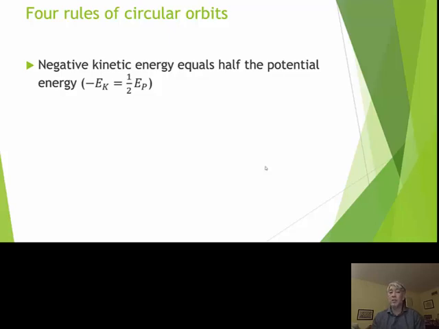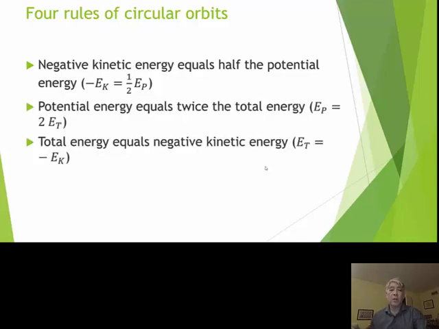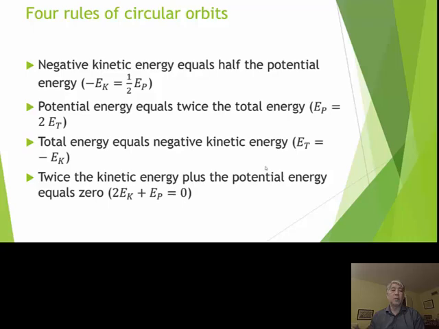Remember, kinetic energy is positive and potential energy is negative, so I need the minus sign. During a circular orbit, your 1/2 mv squared is basically going to equal 1/2 GMm over r. The other 3 forms here are simply substitutions for total energy and looking at it in a different way. I think the best way to remember it, though, is that first one.